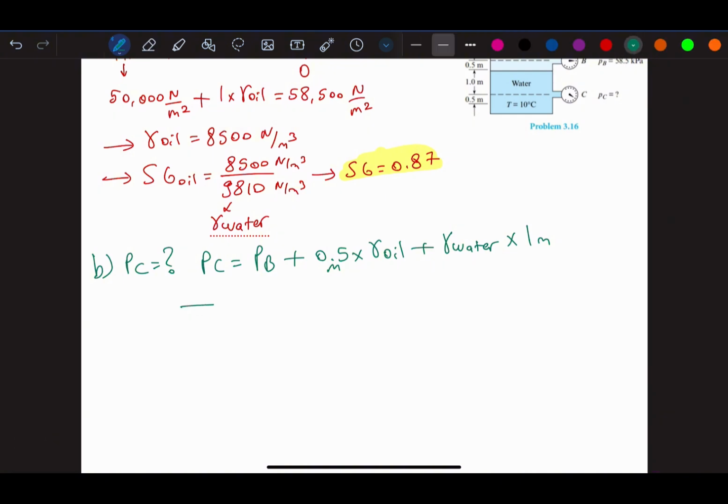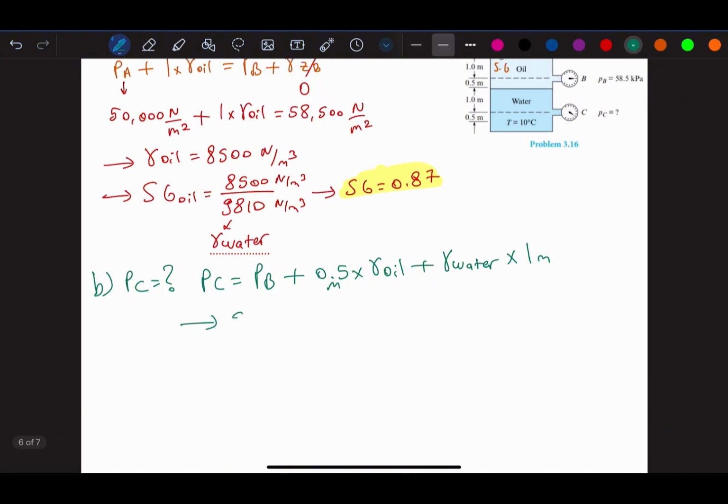So if you continue from here, PB is 58,500, of course, this is Pascal, plus 0.5 times 8,500 Newton per cubic meter, plus specific weight of water times 1, which is the water height.